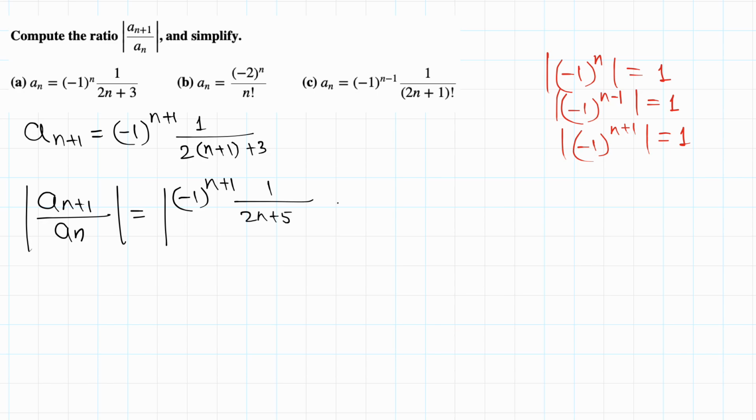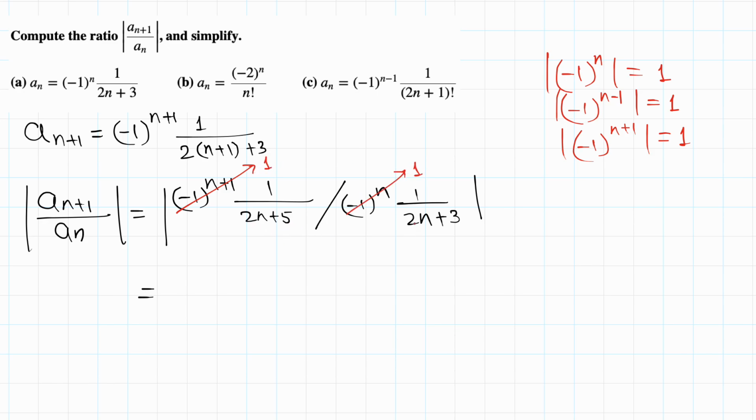That's a_{n+1} divided by a_n, which is given here: negative 1 to the n, 1 over 2n plus 3. Absolute value. So this absolute value makes this one 1.